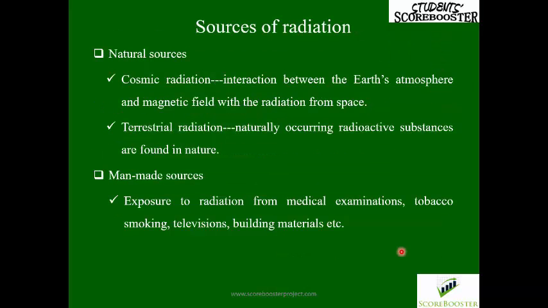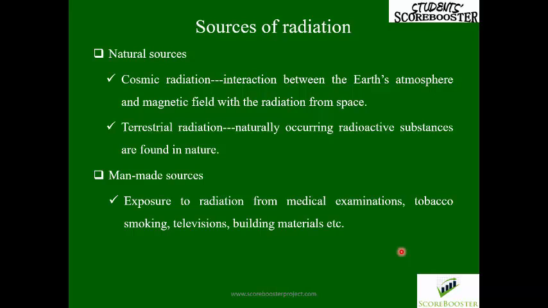What are the sources of radiation? We said radiation can be very dangerous in some cases if not carefully handled. There are some places that one can be exposed to radiation. It can be by natural source or man-made source.